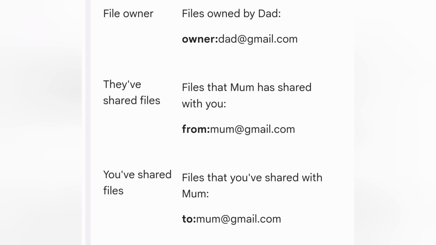So you can type owner colon dad at the rate gmail.com. Next, you can use the phrase like someone has shared files with you, for example, from colon mum at the rate gmail.com. If you have shared files, then you can type the phrase to colon mum at the rate gmail.com.